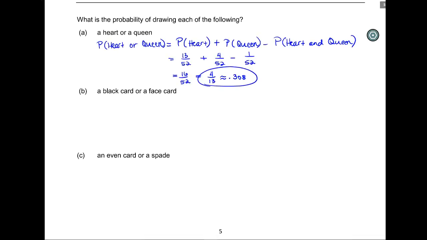Okay, so what's the probability of drawing a black card or a face card? So black cards, there's 26.